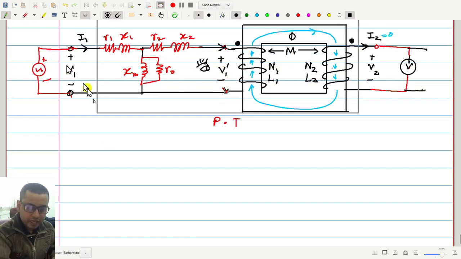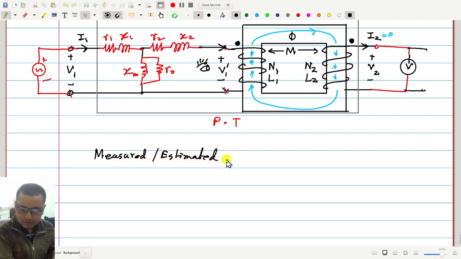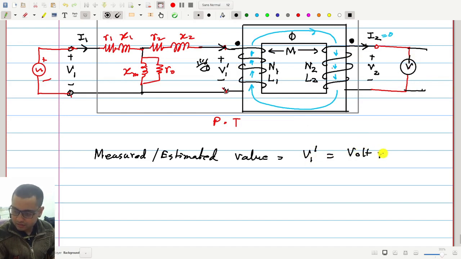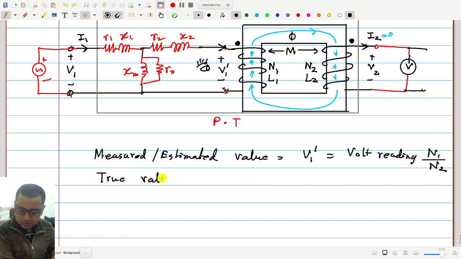So let me write: measured or estimated value is this V1 prime, which is voltmeter reading multiplied by N1 by N2, correct? Okay, and true value is this V1 in this diagram, and error will be the voltage drop from here to here. Okay, acha.